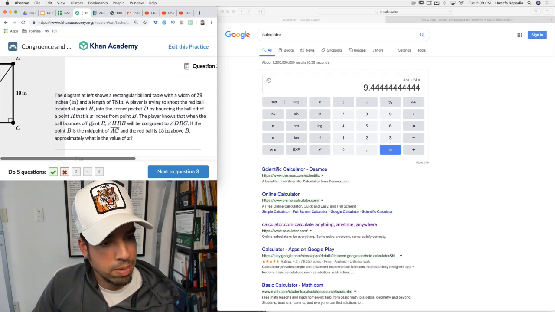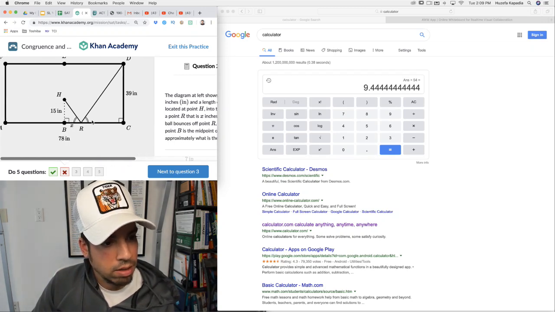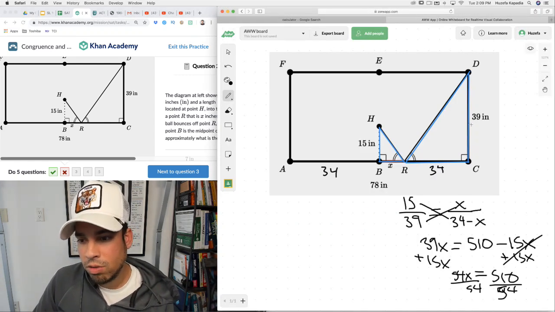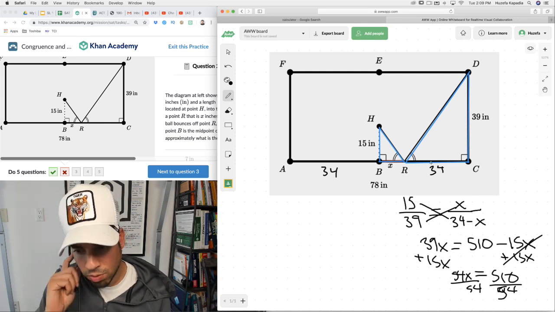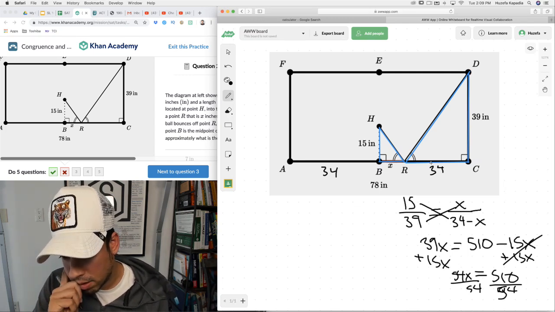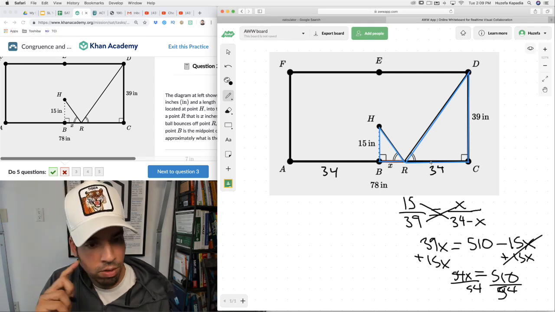Darn it! I did some math wrong. Before I look at the math, let me see what I did wrong here. 15 to 39 is equal to x over 34 minus x. 15 times 34 is 340 plus 170, minus 15x equals 39x. Add 15, 39 plus 15 is 54. 510 divided by 54.